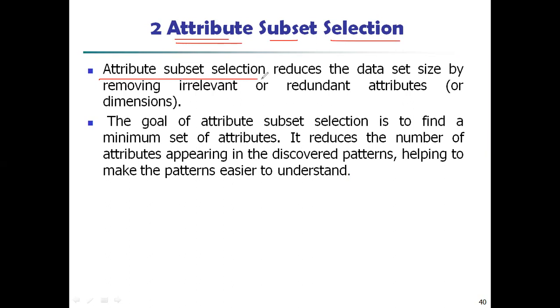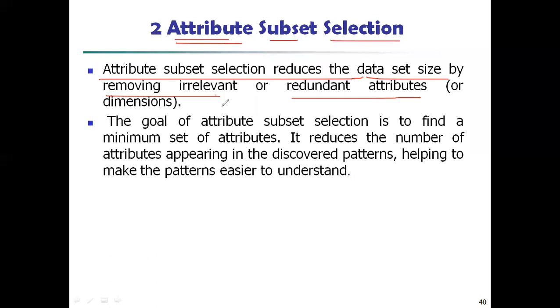Attribute subset selection reduces the data set size by removing irrelevant or redundant attributes. Whichever duplicate attributes are there, we are going to remove them. There is no need to keep such attributes in the table, isn't it? So by doing attribute selection also we can reduce the table size, isn't it?